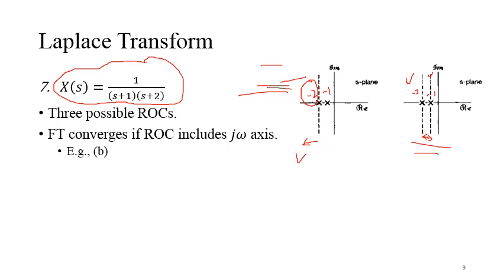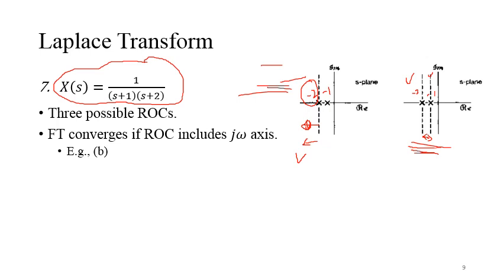Then the second case is this one, a left-sided signal, and the ROC is all points less than minus 2. Again, the third distinct signal that can be reconstructed from here is the one where the ROC is between minus 2 and minus 1.